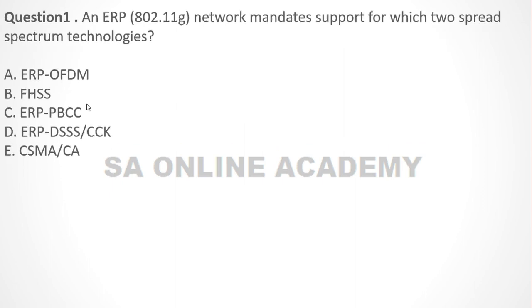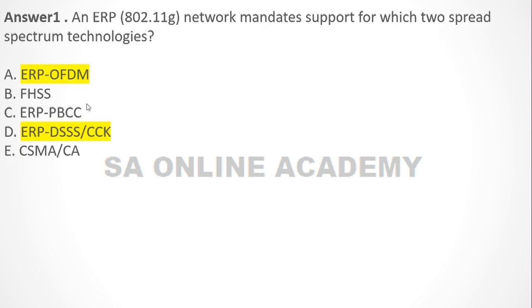Question 1: an ERP network mandates support for which two spread spectrum technologies? Options are ERP-OFDM, FHSS, ERP-PBCC, ERP-DSSS, CSMA/CA. The correct answer to this question is ERP-OFDM and ERP-DSSS.